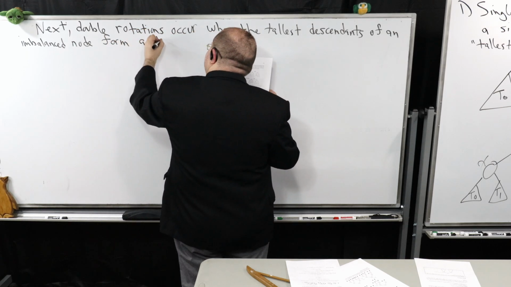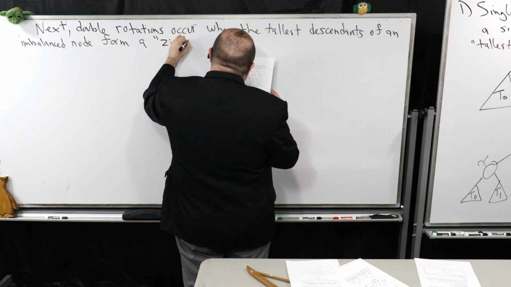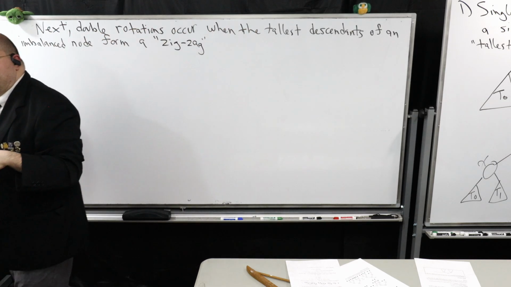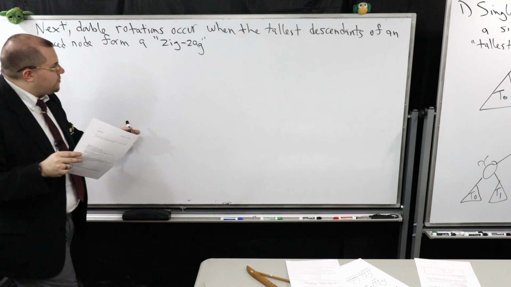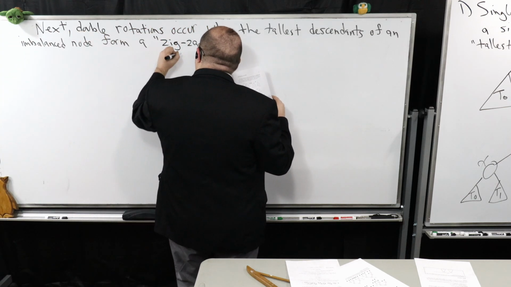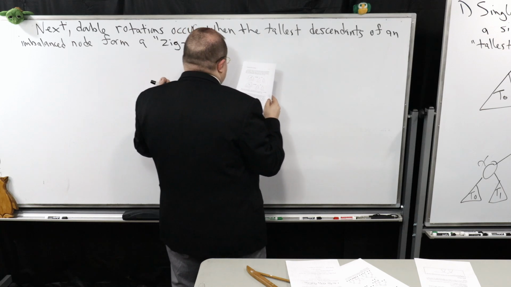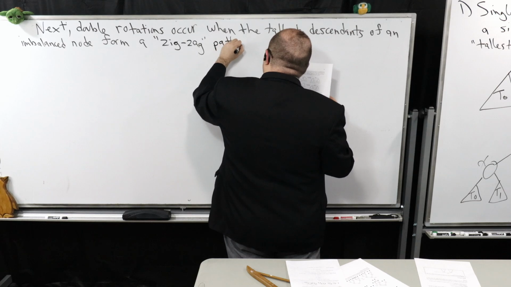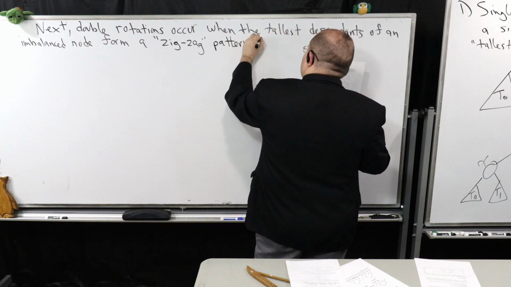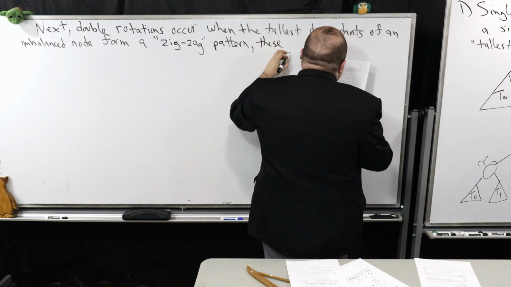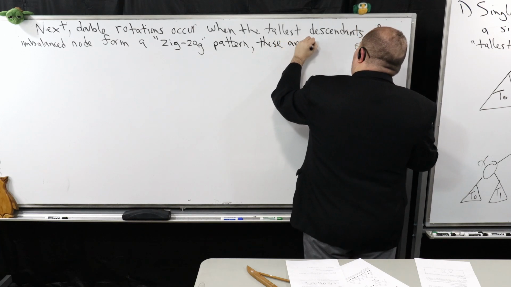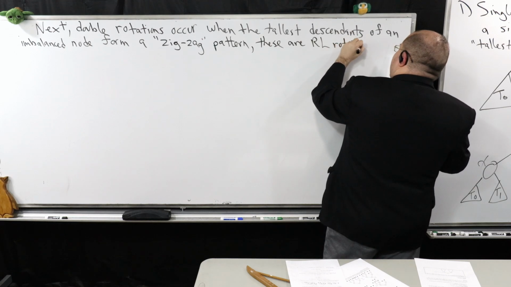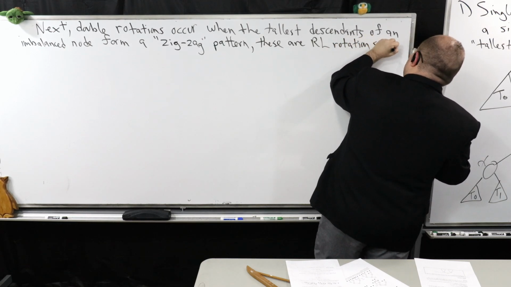Some people call it this, and there's another data structure that uses this jargon. For example, in CS 340, we usually talk about splay trees, which specifically use this notion of a zigzag. These are RL rotations and LR rotations.